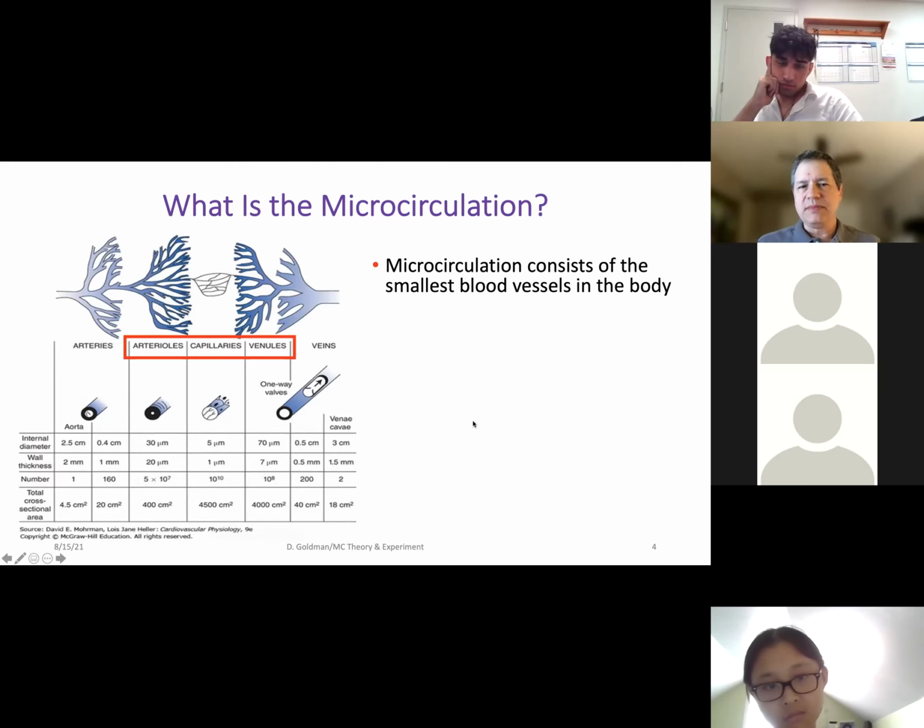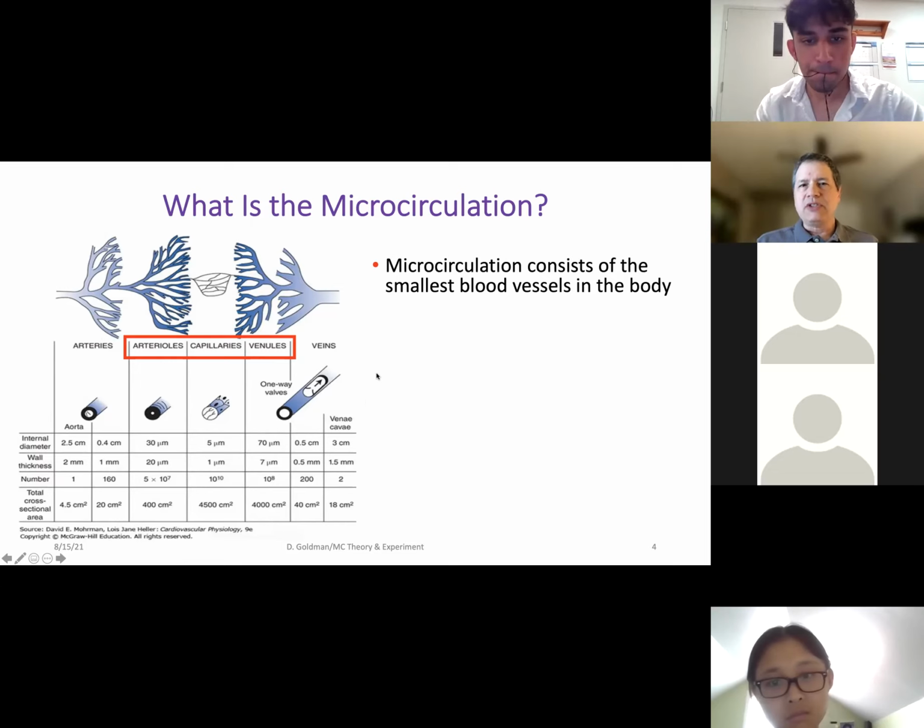Just to take a broad introduction, what is the microcirculation? On the left here, this is a diagram from a physiology textbook, Mohrman and Heller. They list the different vessel types in the circulation, right? From arteries, arterioles, capillaries, venules, and veins.